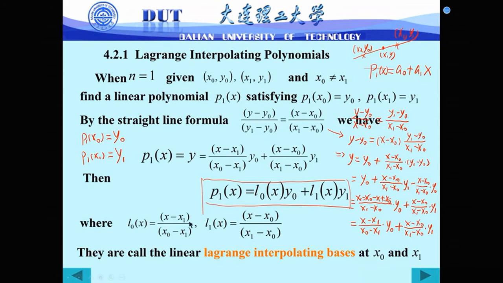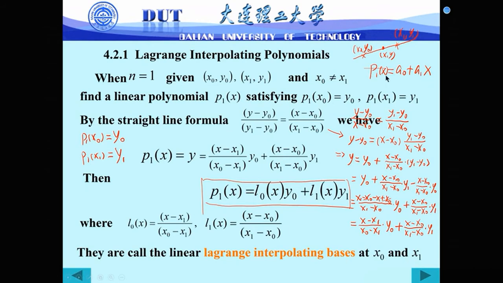These two bases, L0(x) and L1(x), we call the linear Lagrange interpolating basis at x0 and x1, because they are linear functions of x.